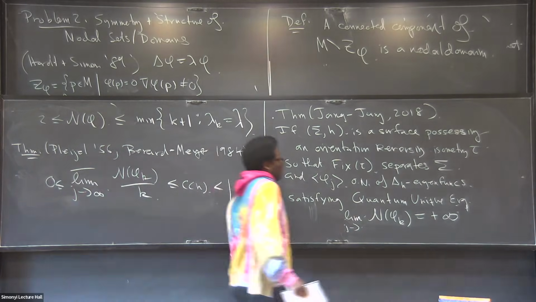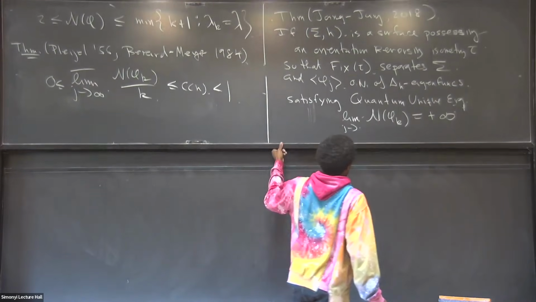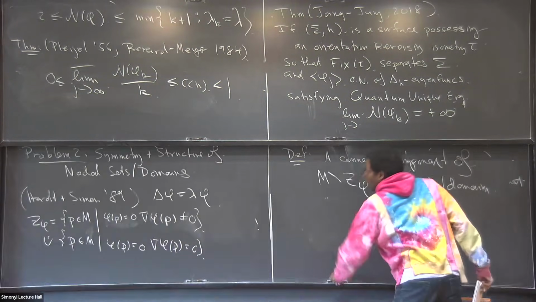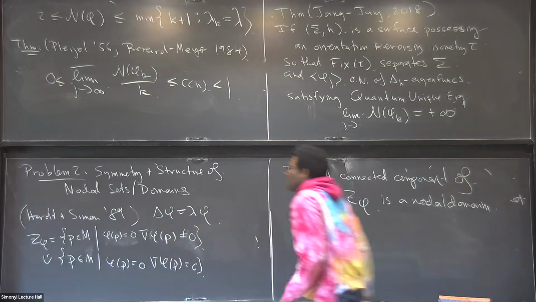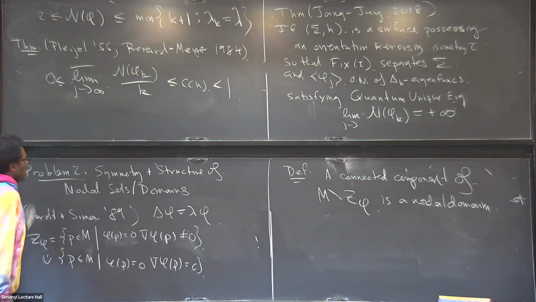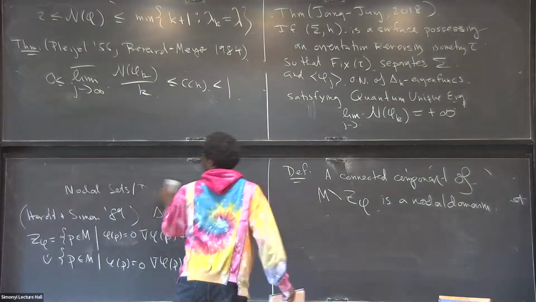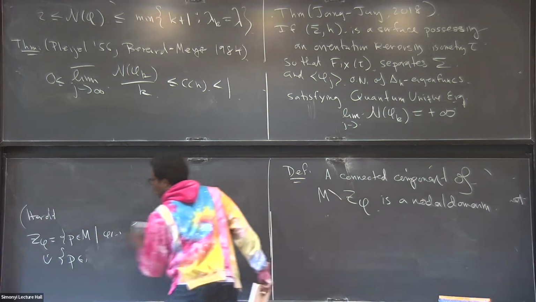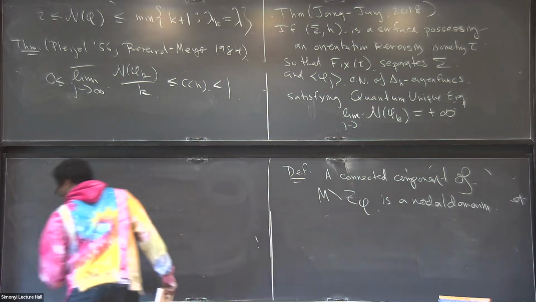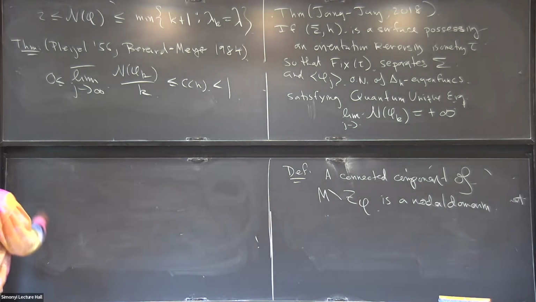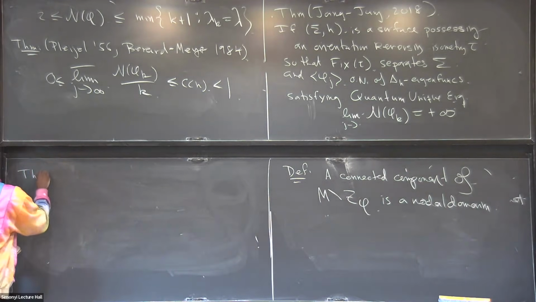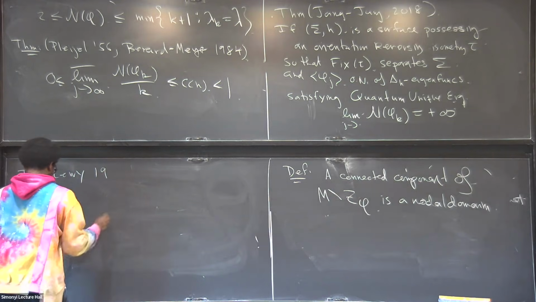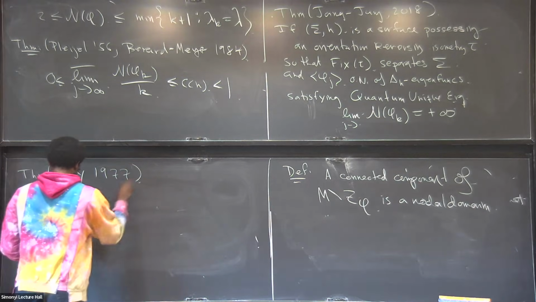Through some ad hoc methods, there were some examples in the 70s by Lewy on the sphere, and I think there's also a thesis of Stern from the 20s which also produced some examples. I'll just talk about the examples of Lewy, from 1977.